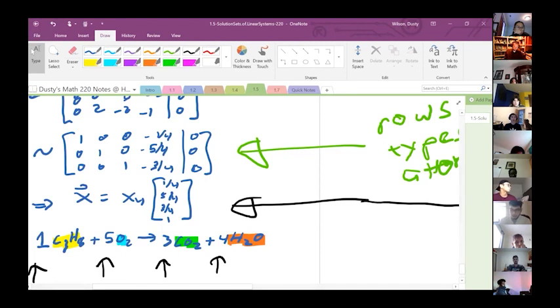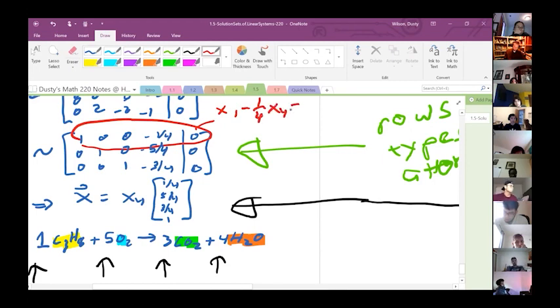So I skipped a step, but this particular step I would have written as x1 minus 1/4 x4 equals 0. And then I can take this guy right here and shift it to the other side. Okay, and there it is. Got it. Thanks. Good question.